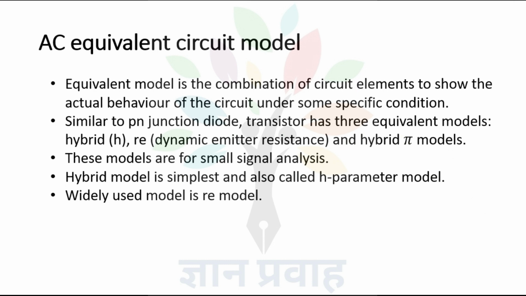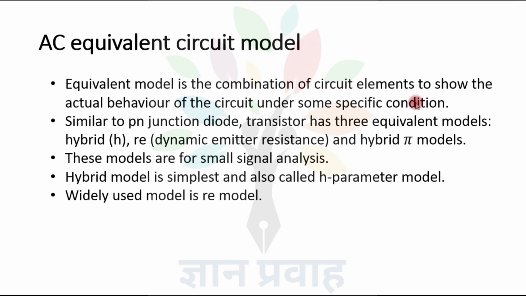AC equivalent circuit model. An equivalent model is a combination of circuit elements to show the actual behavior of the circuit under some specific condition. A PN junction diode has three types of equivalent circuits: ideal, linear and piecewise.